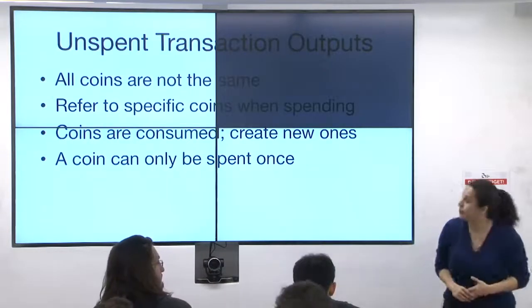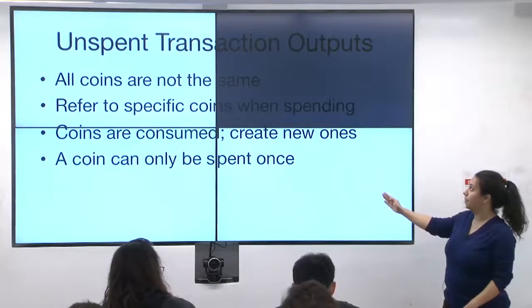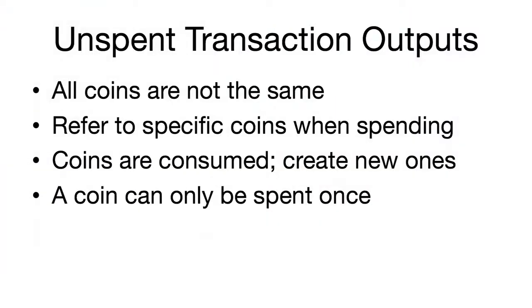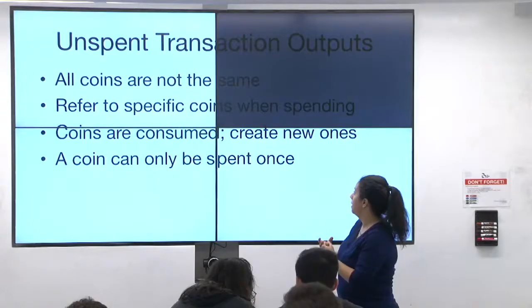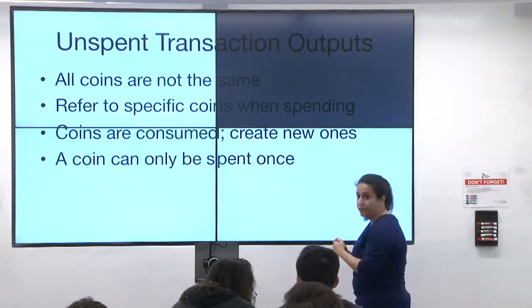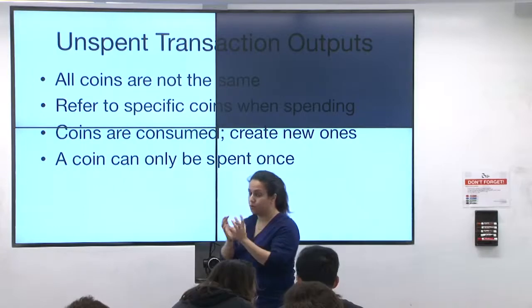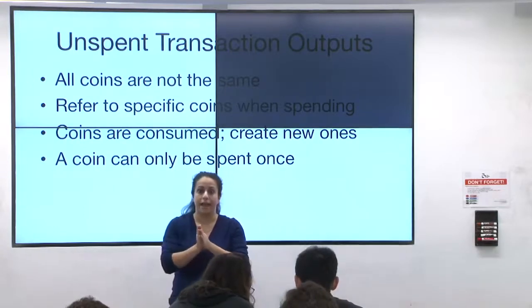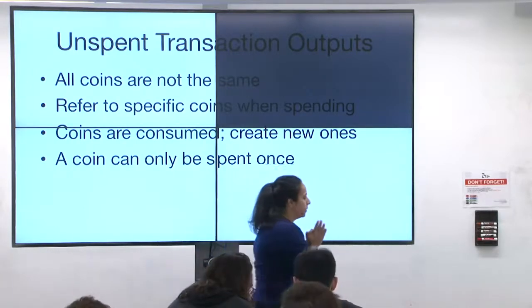But Bitcoin is a little bit different. All coins are not the same. And when you're spending, you don't just include an amount, you refer back to the specific coin that you are spending. So you actually have to refer to a coin in order to spend it. And this is the really weird part.